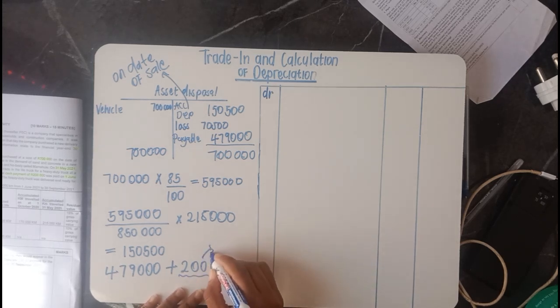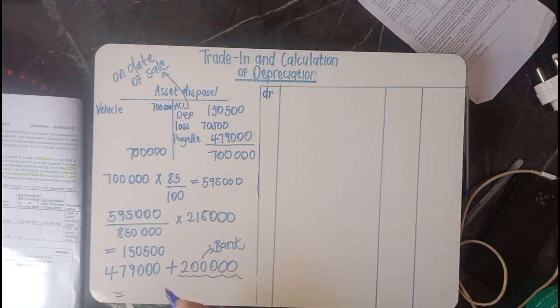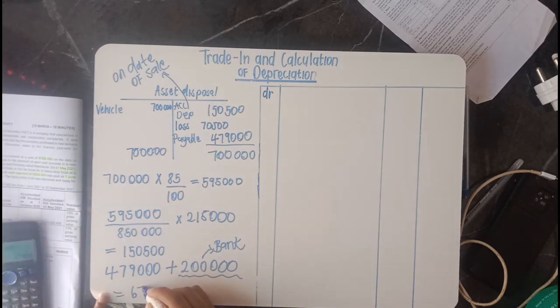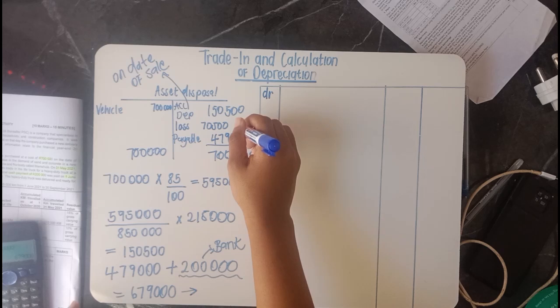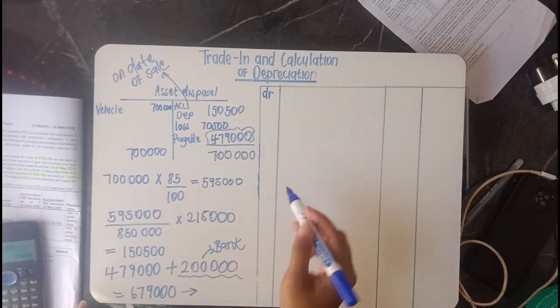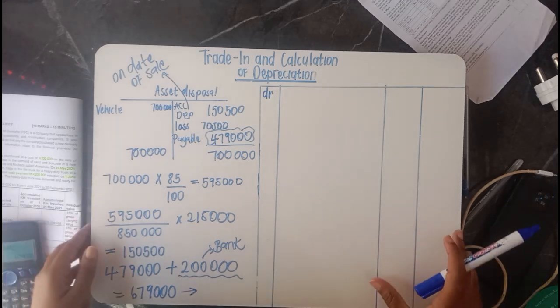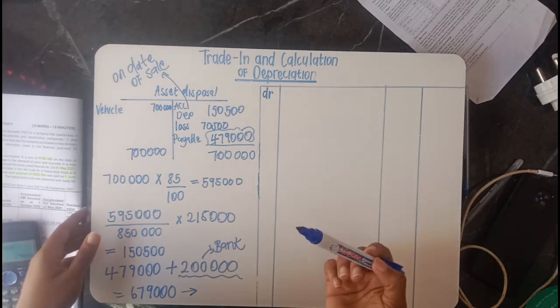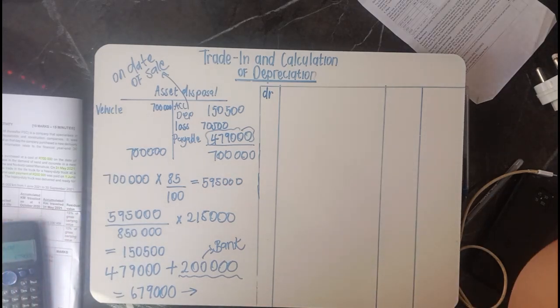So this is your bank amount to get the value of the new vehicle, and you're going to have 679,000. So for this part, you know that I don't account for this 479,000. I just use it in order to get the value of the new vehicle, like how much the new vehicle is worth, basically.